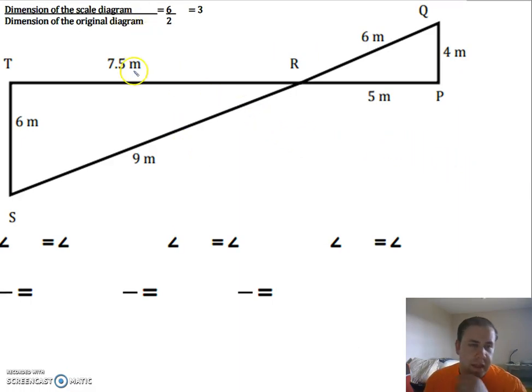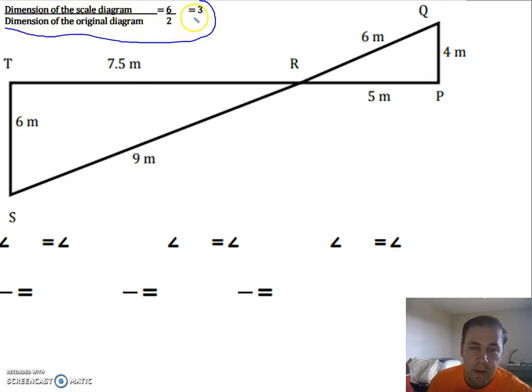Now, let's just take this back to this ladybug diagram here where we talked about the dimension of the scale diagram. So the new one divided by the original diagram will let you find your scale factor. So we found out that the ladybug was 6, and then the original was 2.